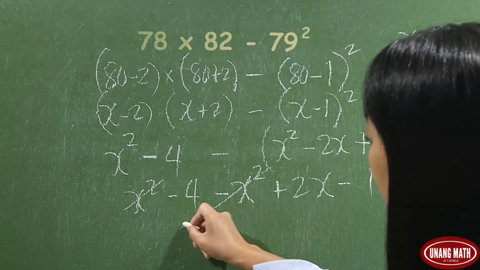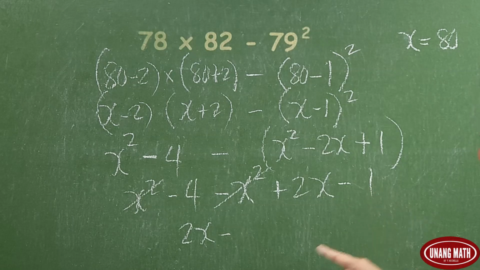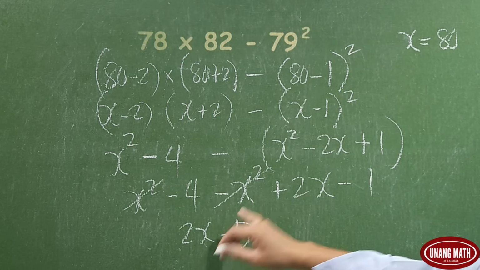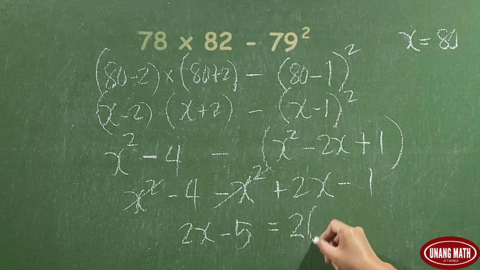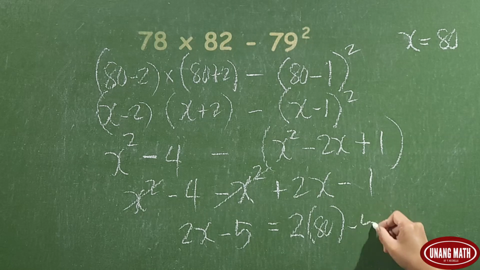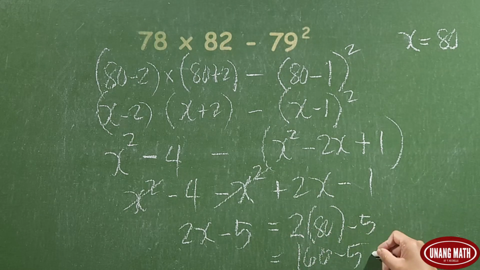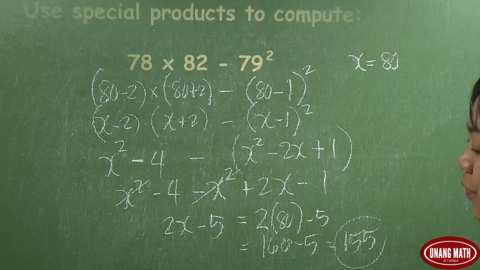So we have here 2x, negative 4 minus 1 is negative 5. So 2x minus 5. x is 80. So it means 2 times 80 minus 5. So 160 minus 5. Then this is equal to 155.